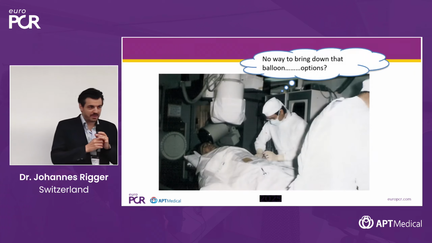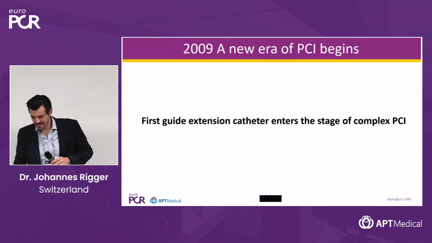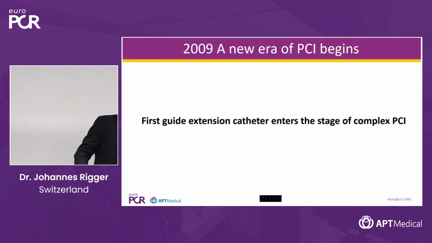Now, again, a picture of Andreas Gruentzig, a picture of the 70s. And probably he was asking himself, oh, how can I bring down those materials in this vessel? And in 2009, it was groundbreaking because of the guide extension catheters, and I was amazed when I was preparing this talk because it's not so long.